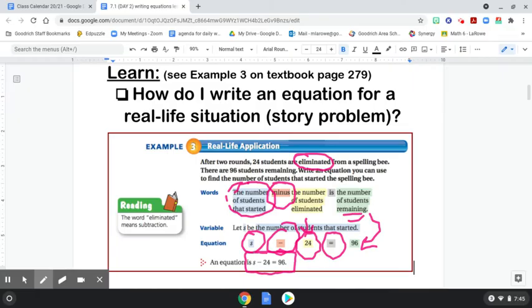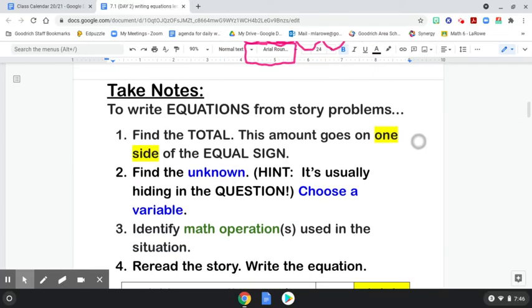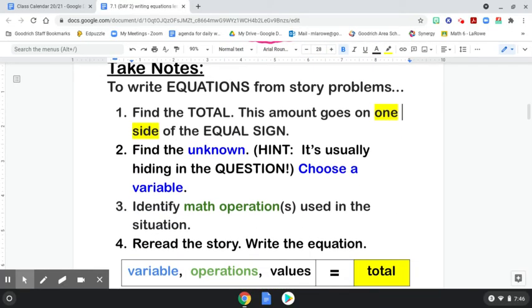Now, in our next lesson, we will solve equations once we've written them, but for today, our focus is just getting them written. Notice how we set it up where the variable is not alone. That's what we'll be doing as our setup. So we learned this yesterday. There's a structure, and when you're writing your equations, you want to start with the total information.